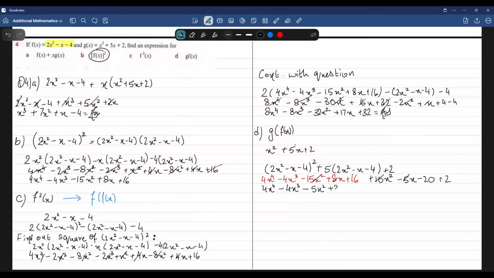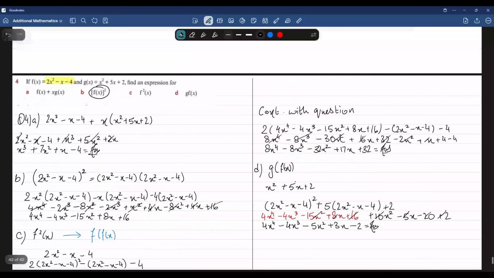So this is going to be positive 3x. Plus 18 minus 20 would give us negative 2. And that's it. This is your answer for part D: 4x raised to power 4 minus 4x cubed minus 5x squared plus 3x minus 2. And that is it for this exercise 3.1.